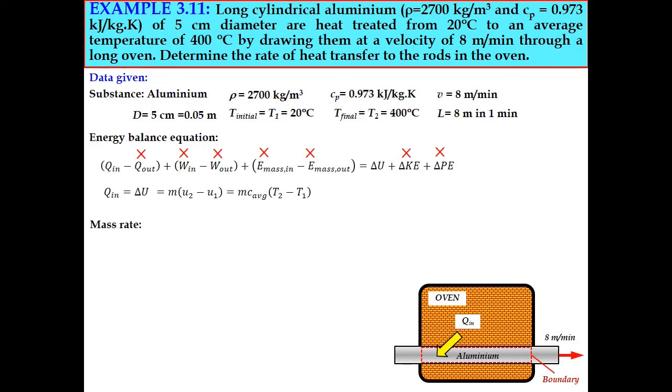Because we want to determine the rate of heat transfer to the rod in the oven, we need to determine the mass rate. Mass rate m dot equal to rho V dot.